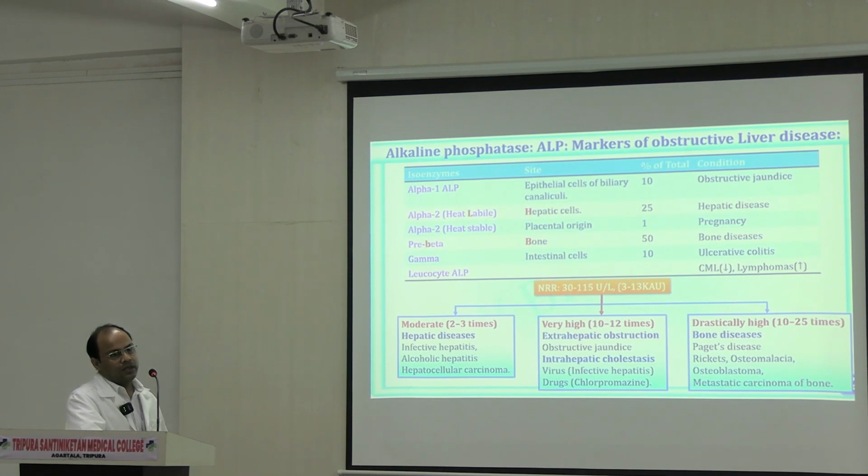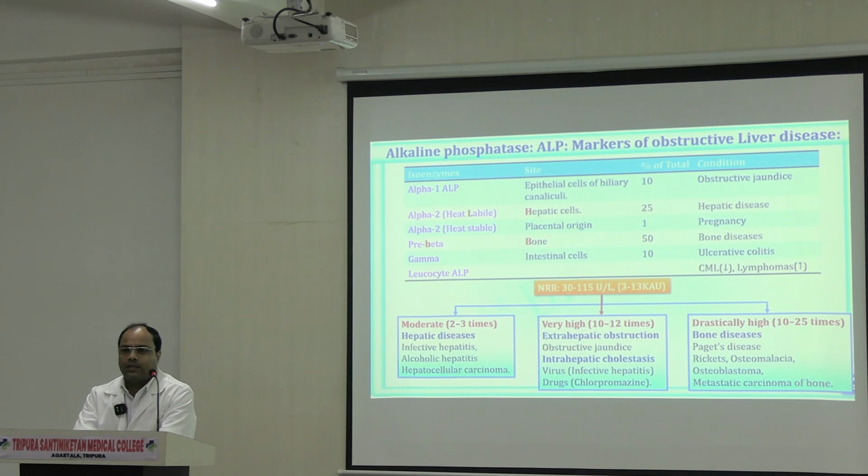This is the reason in case of obstruction in the CBD, like a stone, a tumor, or any worm, when they enter into the CBD, eventually cholestasis occurs. With cholestasis, bile stored in the CBD, the alkaline phosphatase level increases.